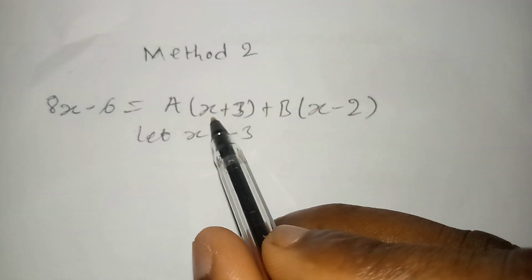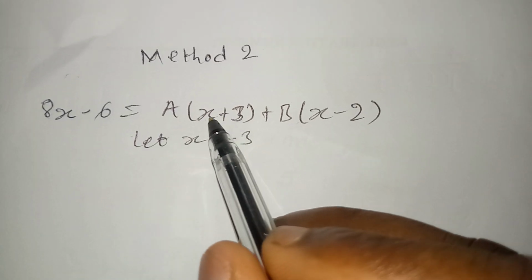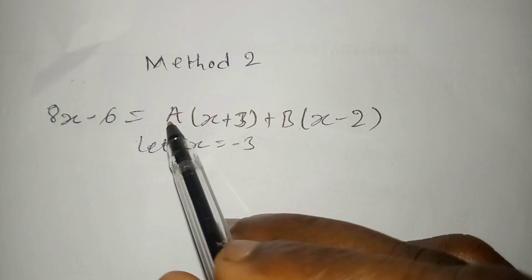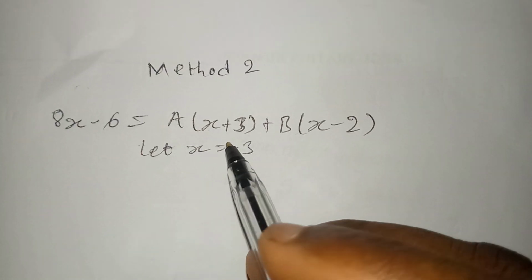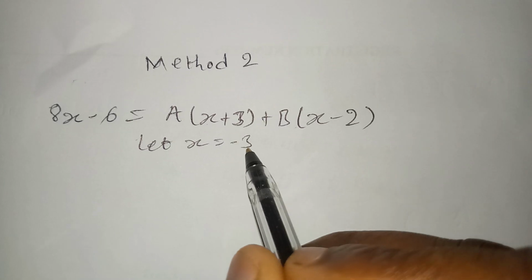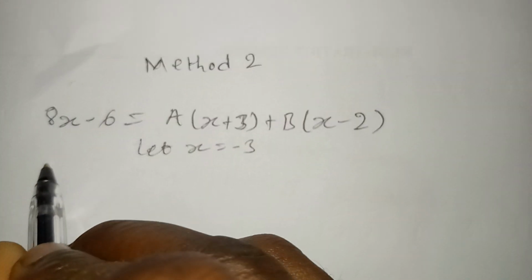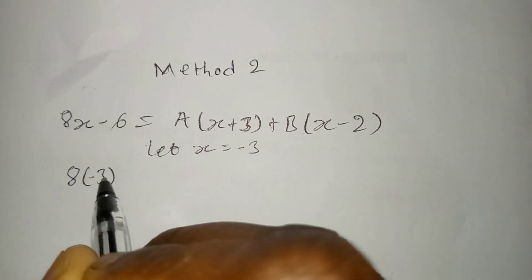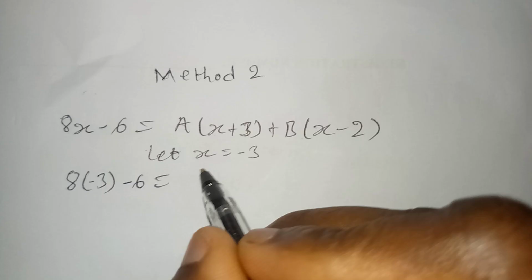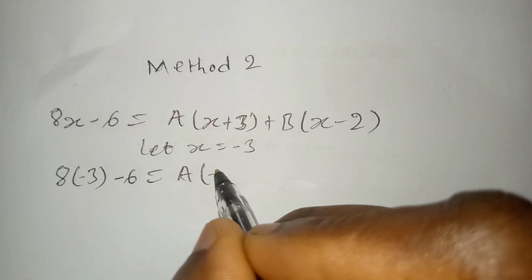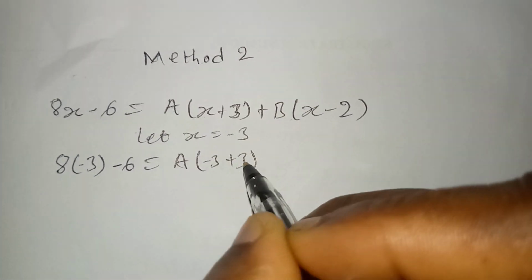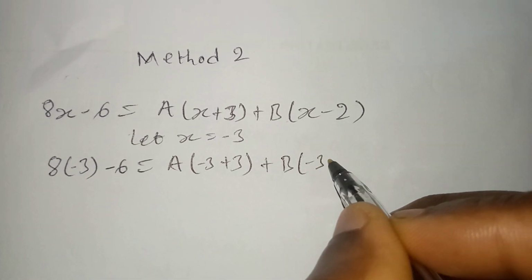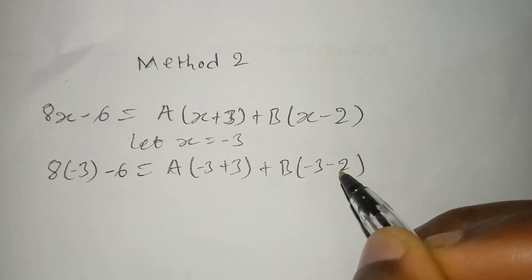When you substitute negative 3 here, it makes this term zero, and when you multiply by this variable, it makes everything zero. So when we let x equal negative 3, by substitution we'll have 8 multiplying negative 3 minus 6 equal to A in parentheses negative 3 plus 3, plus B in parentheses negative 3 minus 2.